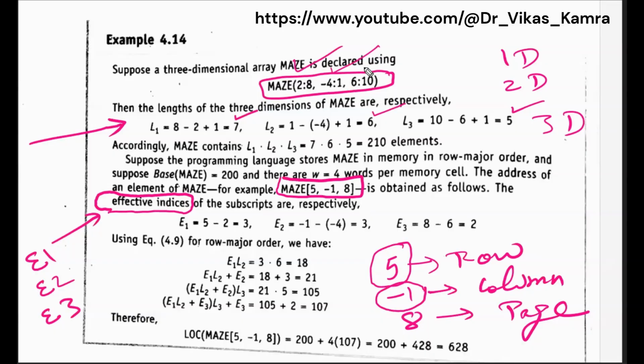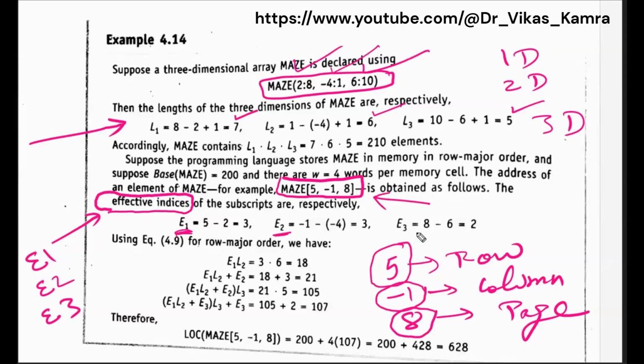Similarly, for the page, the upper and lower bounds are given as 6 to 10. So in between 6 to 10, for value 8, I need to find the effective index for the page. This 5, minus 1 and 8 is given to you. It is the location for which you want to find out the address, and with the help of this location and the lower bound, you can find out the indices values.